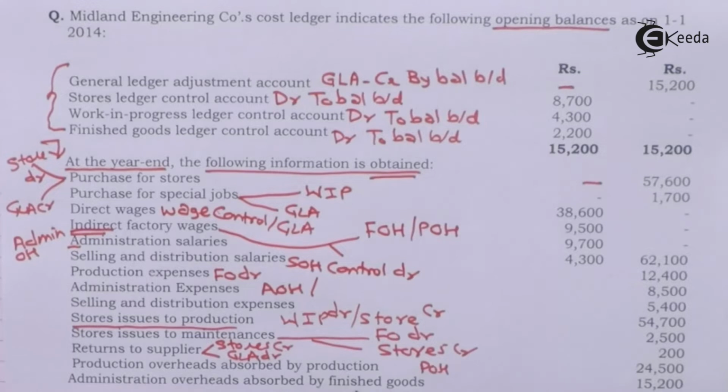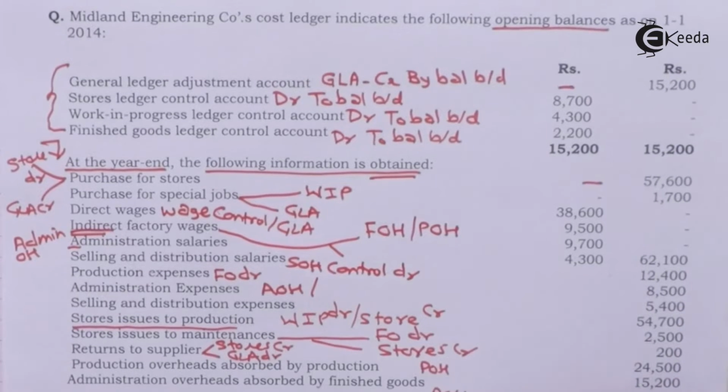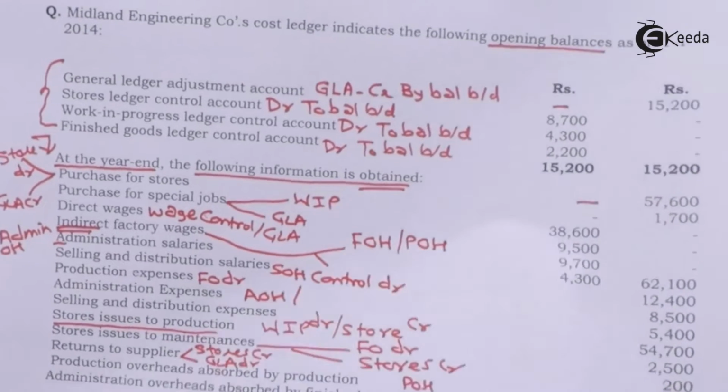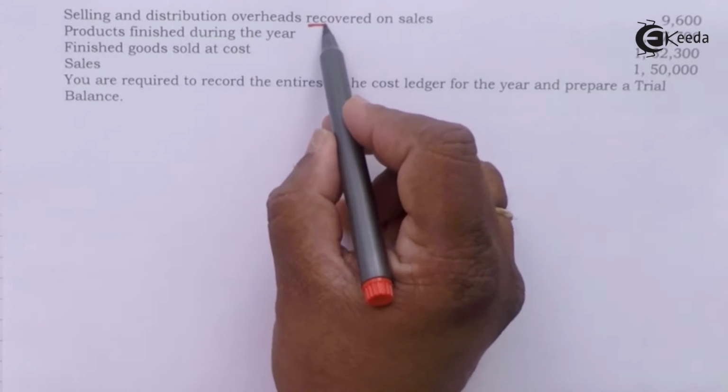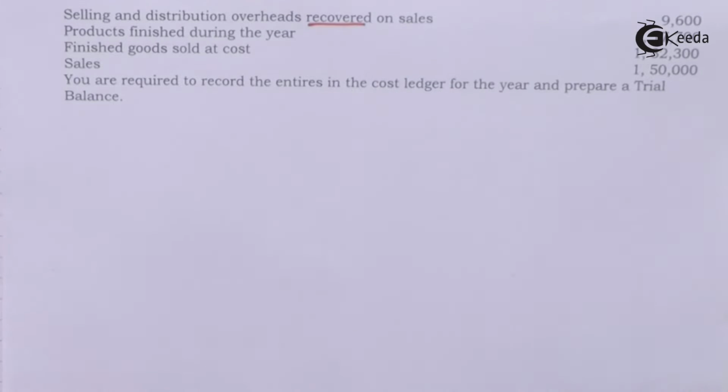Administration overheads absorbed by finished goods. This will be recorded in administration overheads control account and finished goods control account. Selling and distribution overheads recovered on sales, this will be recorded in selling and distribution overheads account.